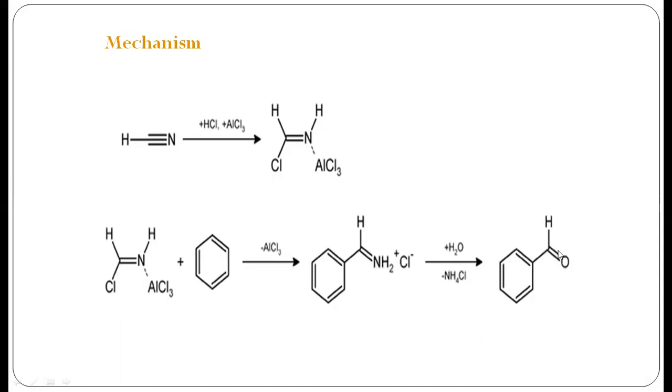So finally an aldehyde group is substituted. If we take benzene as the reactant, the final product is benzaldehyde. If we take phenol as the reactant, the final product is salicylaldehyde. So this is the Gattermann reaction.